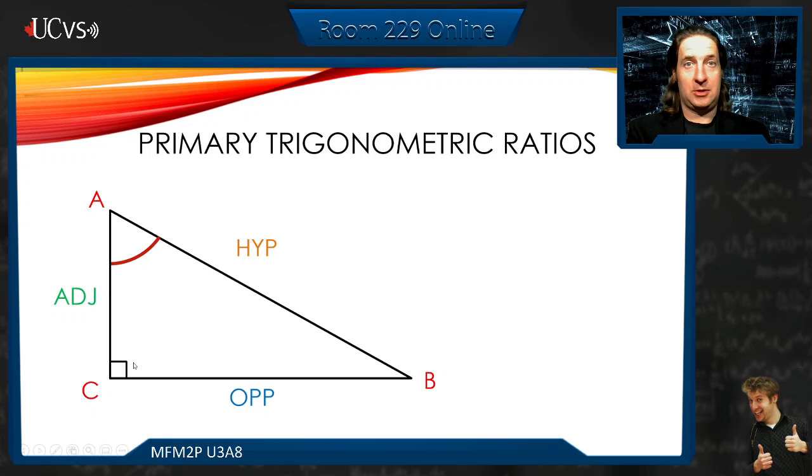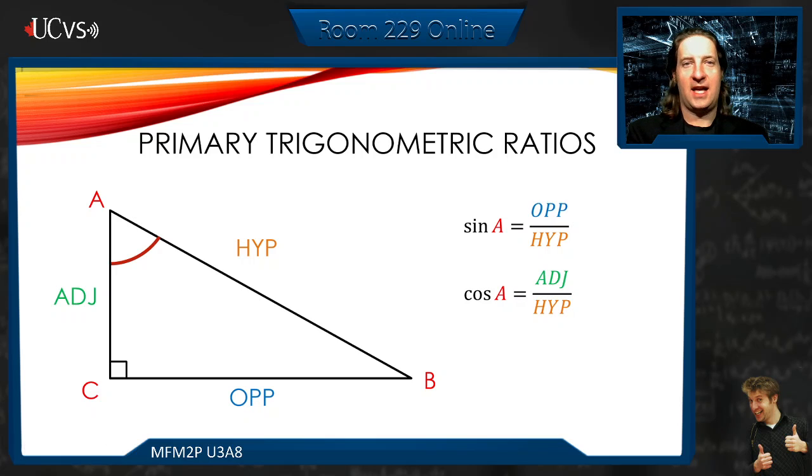Because of similar triangles, when we scale triangles bigger or smaller the ratios of their sides stay the same, so we're able to give names to some of these important ratios. The opposite, the side farthest away from the angle we care about, divided by the hypotenuse is this number, sine A. We can do the same thing for the adjacent divided by the hypotenuse.